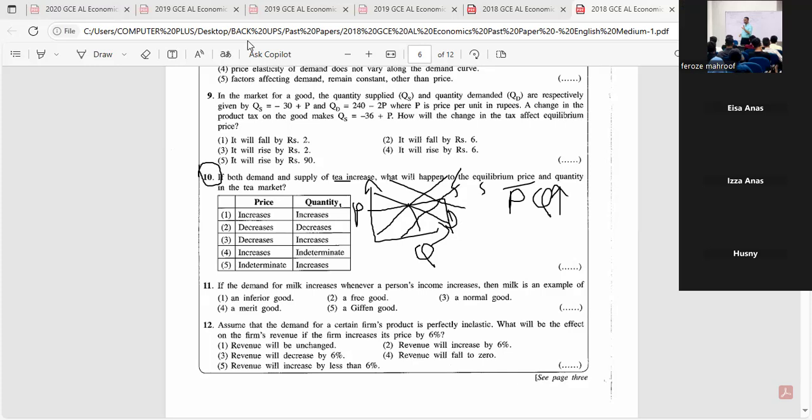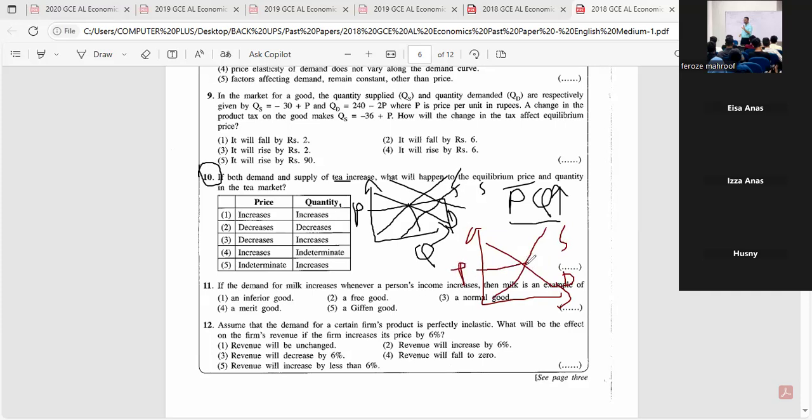So according to this question, demand and supply of tea increase. They have not said whether they are equally increasing or not. First, I take that demand and supply of tea increase equally. What is the result? Price constant, quantity increases. Similarly, if the demand and supply are not equally increasing, both are increasing but not equally.